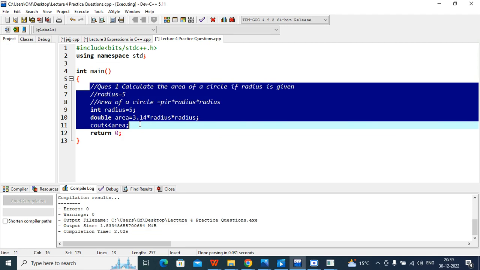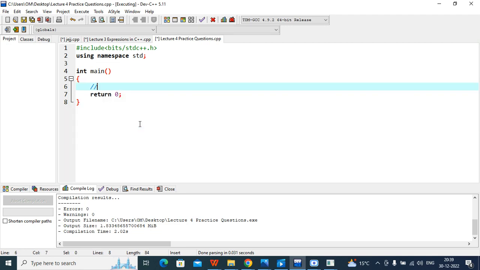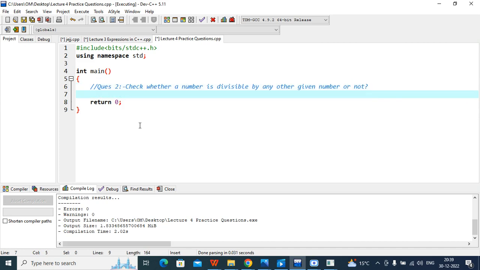Okay, let us do few more questions. So question 2 is: check whether a number is divisible by any other given number or not. So you have to check whether some given number is divisible by some given number or not.